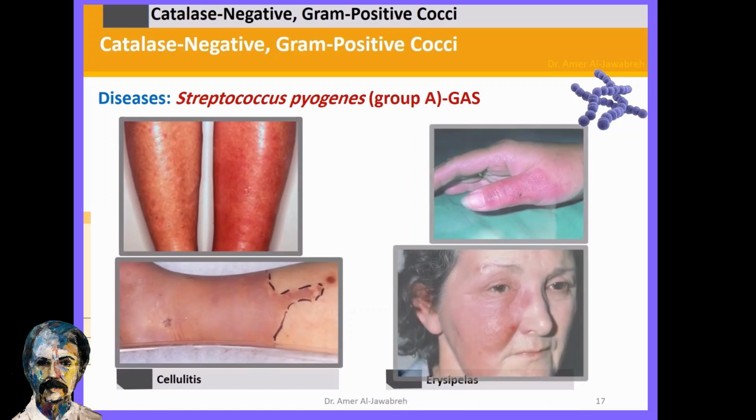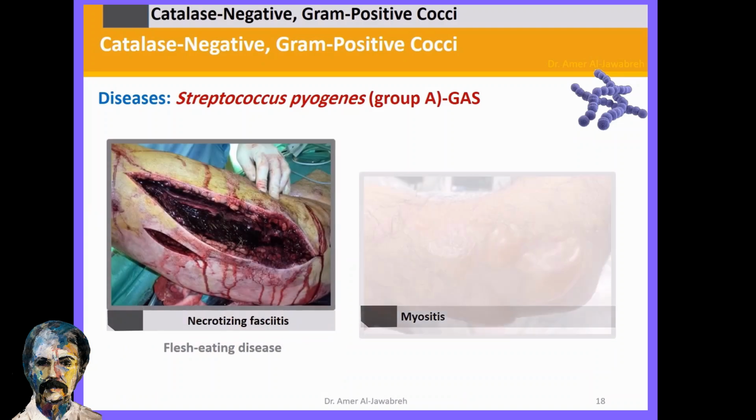This is cellulitis. This is the normal hand, and this is the change in color. So this is cellulitis. And here you have erysipelas, a little bit of swelling and redness. Erythematous swelling, we call it. Look at this. This is necrotizing fasciitis. This is flesh-eating disease.